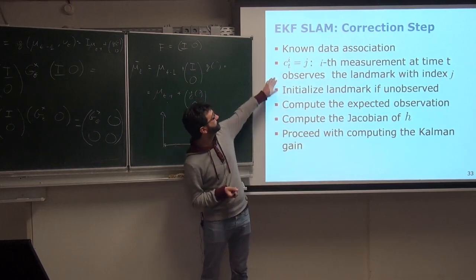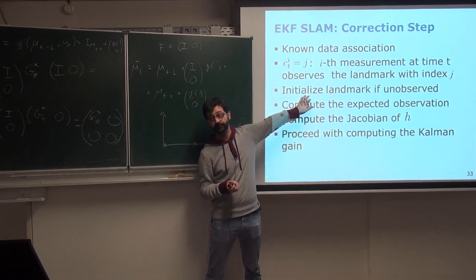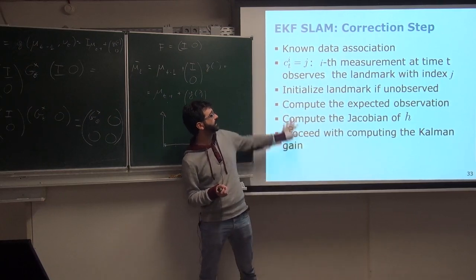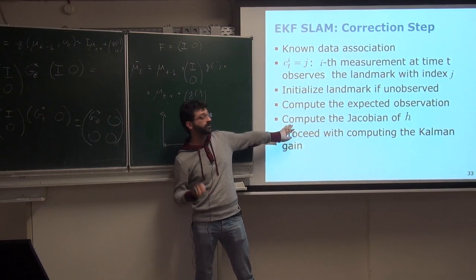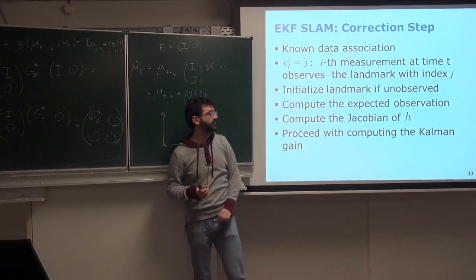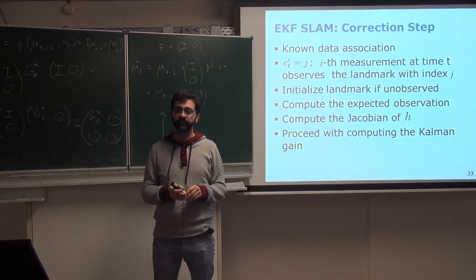So what we need to do is to take care of initializing the landmark if it's not observed. After that, we need to compute the expected measurements and compute the Jacobian of our measurement function, which will be this big H matrix, and then we go on with the Kalman game, because we have all the components that are needed for that.